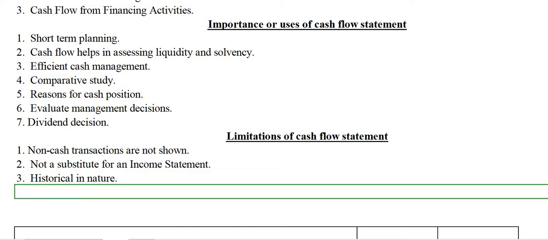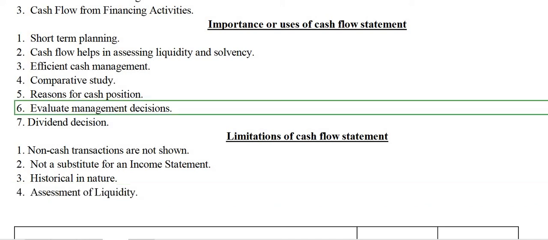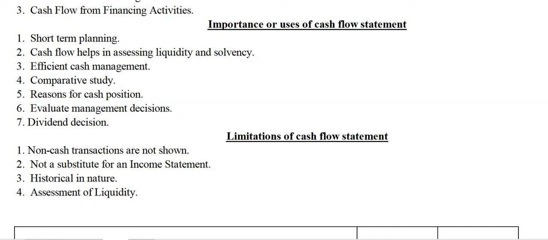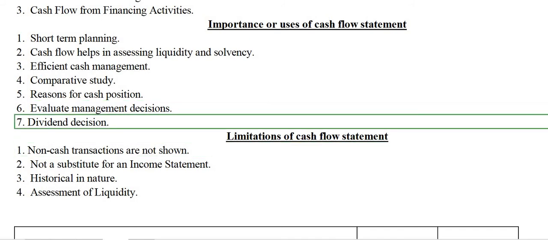Then another one is assessment of liquidity. It assesses the liquidity position. That means how much cash we want, or how much cash we already have. That only we can analyze.